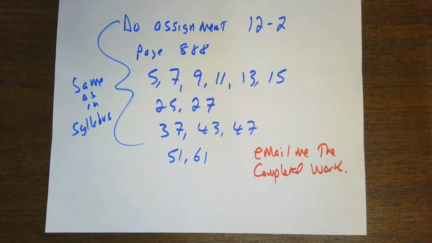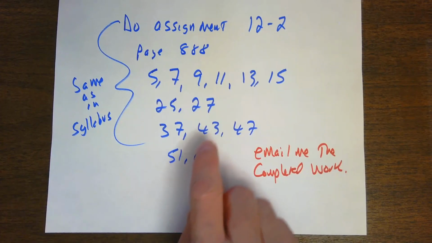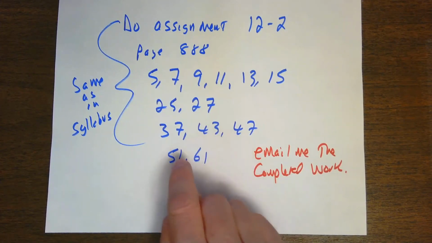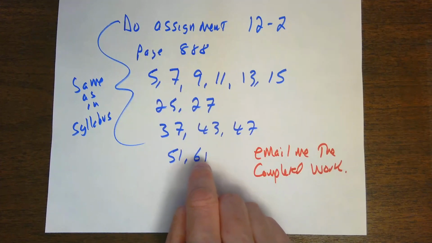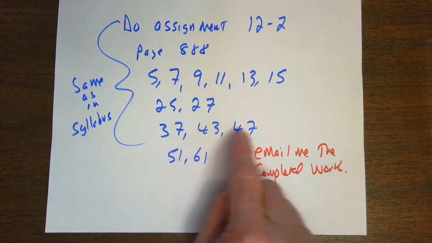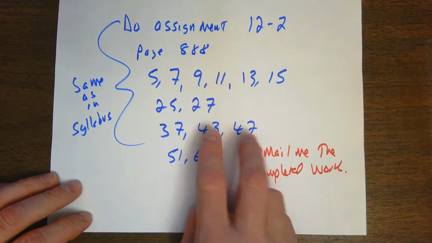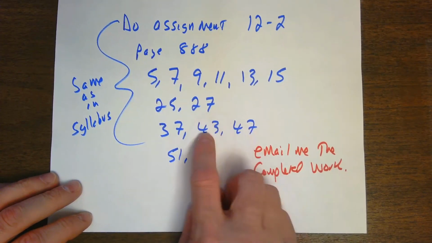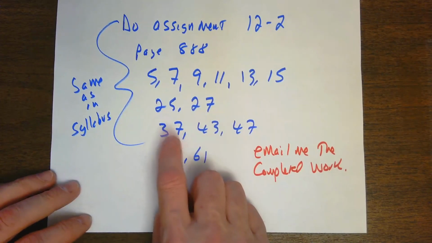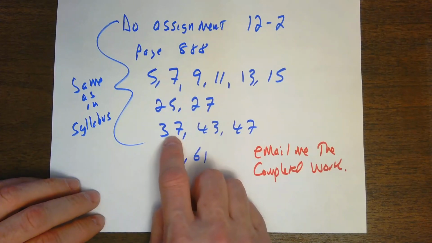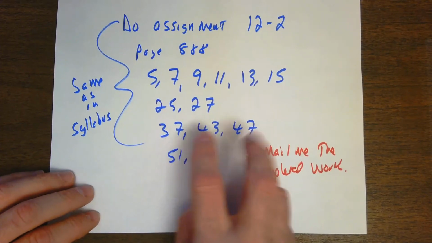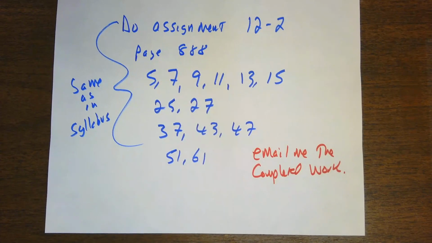The ones that you're going to have a hard time with are the 43, 47, 51, and 61. The other ones are all pretty straightforward. These last 4 ones, you actually have to put it all together in these last 4. This one's already in upper echelon form, so you're already done. But these last 4, those are the ones that are going to give you a hard time, guys.